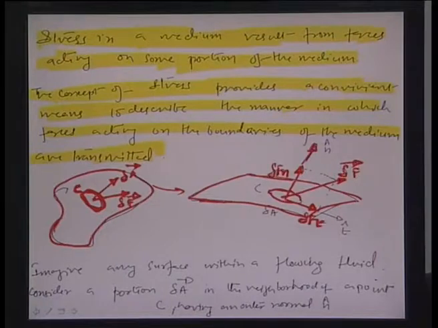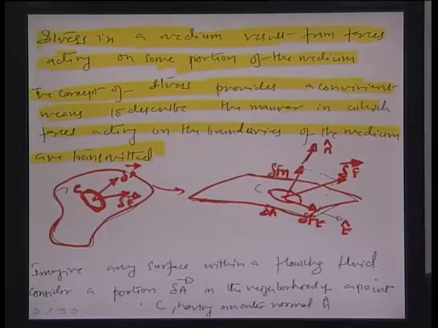So, essentially we are resolving this delta F vector into delta F n, that means delta F in the normal direction to the area, and another component delta F t, delta F tangential to the area. Okay. The value here for this normal vector is also delta A, and this is the tangential direction represented as t cap, this is the normal direction represented as n cap.